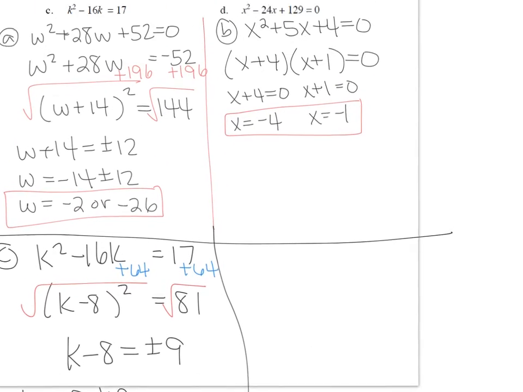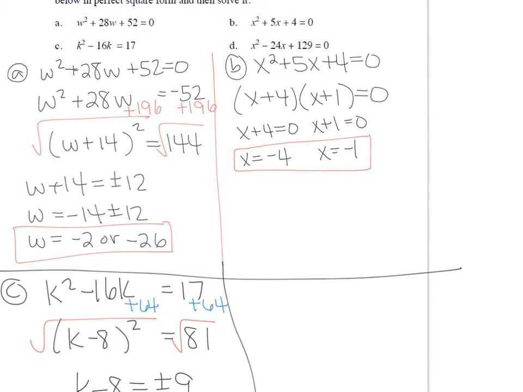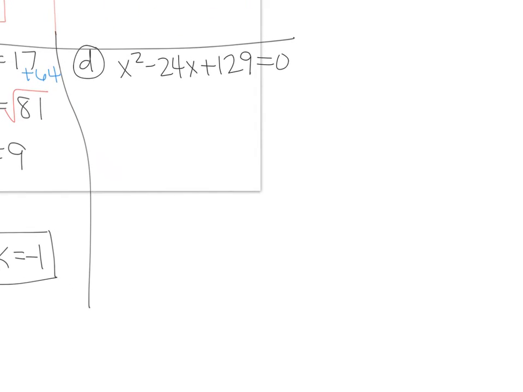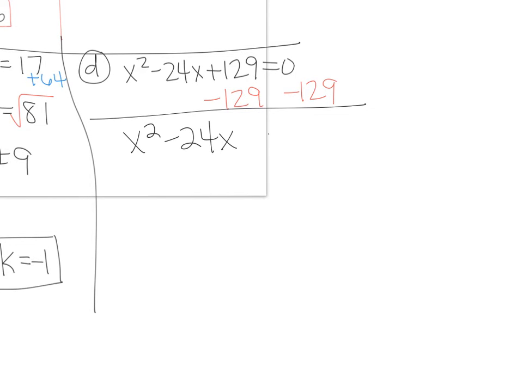Then finally, part D. x squared minus 24x plus 129 equals 0. All right. We're going to subtract 129 from both sides. We get x squared minus 24x equals negative 129.